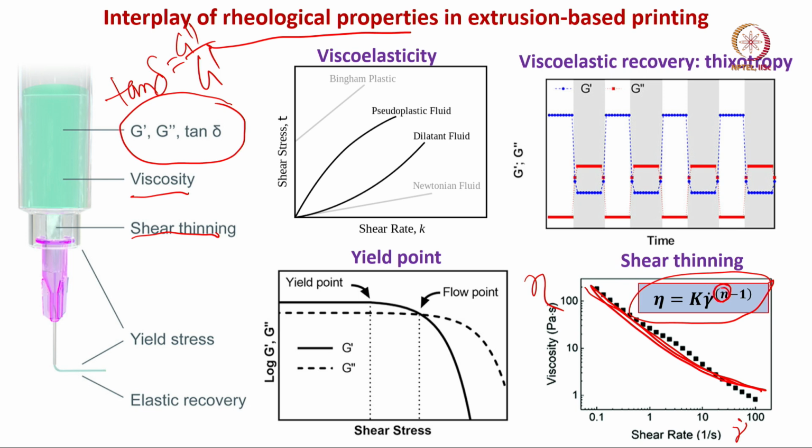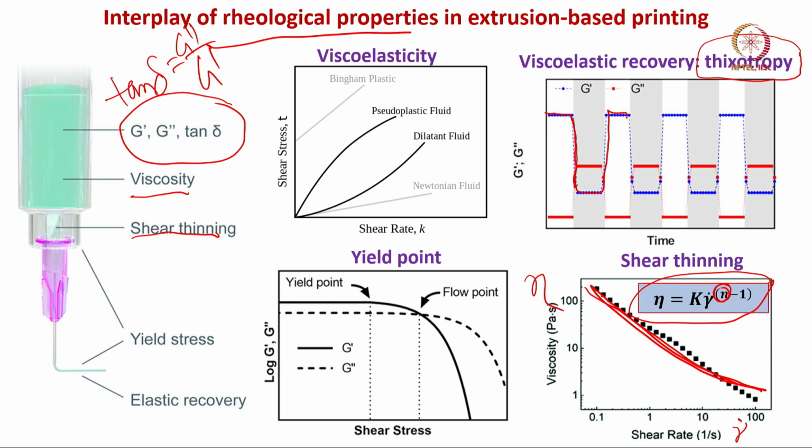Now, there is also another property that I have emphasized while emphasizing the rheological properties, which is thixotropic behavior. Thixotropy is essentially how G prime or G double prime goes down with time.